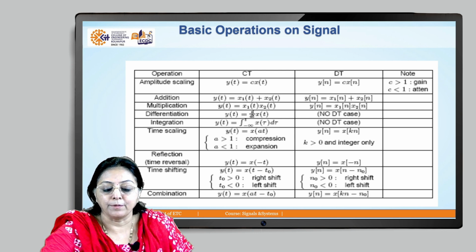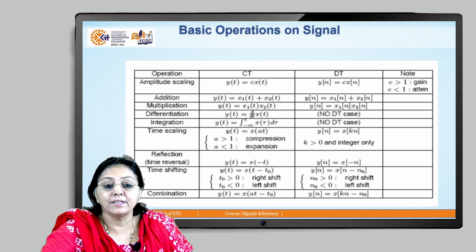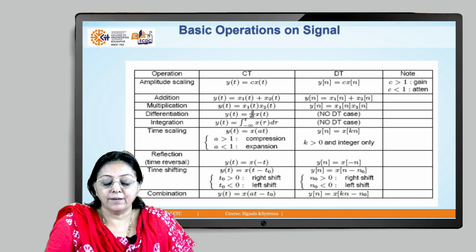Then time shifting. In time shifting, we use y(t) = x(t - t0), the time shifting by t0. What is the meaning of that? If t0 is greater than 0, then it is shifted to the right. If t0 is less than 0, it is shifted to the left.